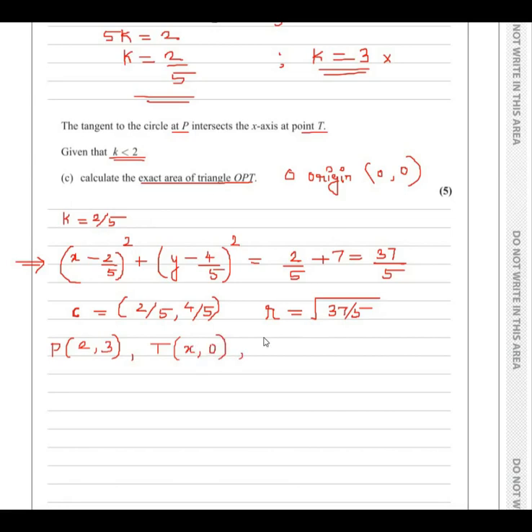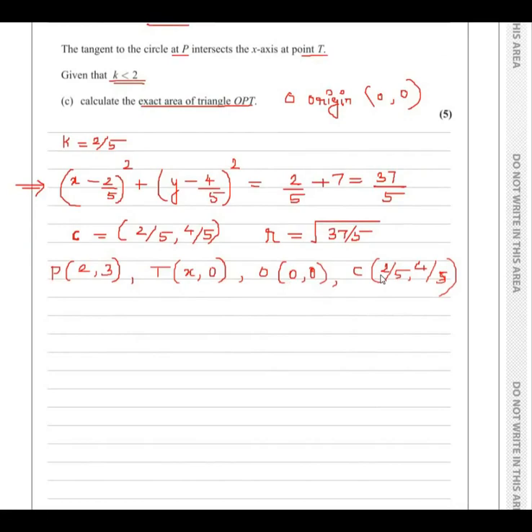And then we have the origin, 0, 0. And then we have the center of the circle, 2 over 5 and 4 over 5. So we have written down all the coordinates. Remember, the center of the circle and the origin are not the same. They are going to be different.